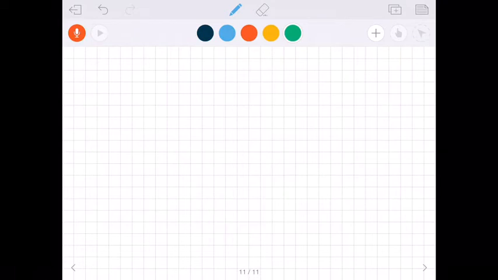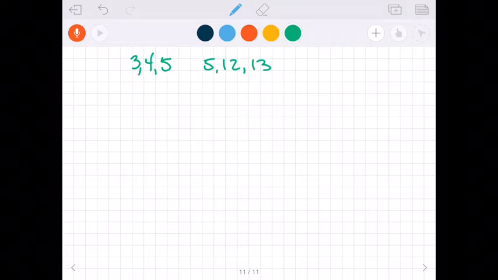We have 3, 4, 5. We have 5, 12, 13. And 8, 15, 17. Those are the 3 different ones that you need to memorize.